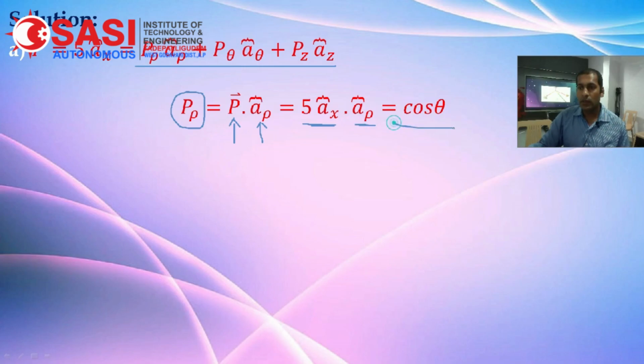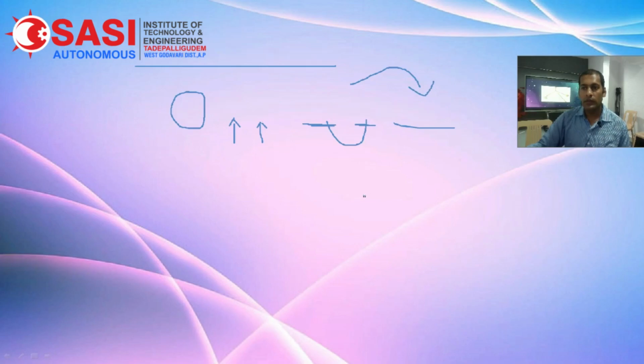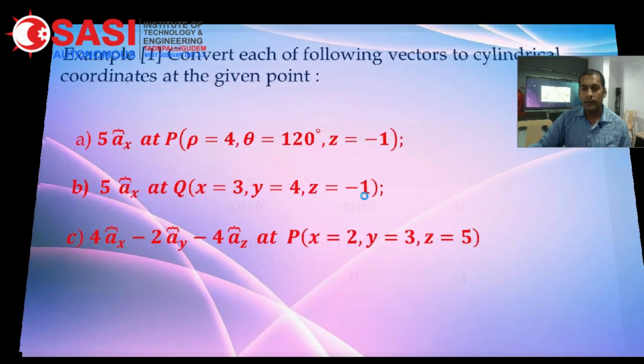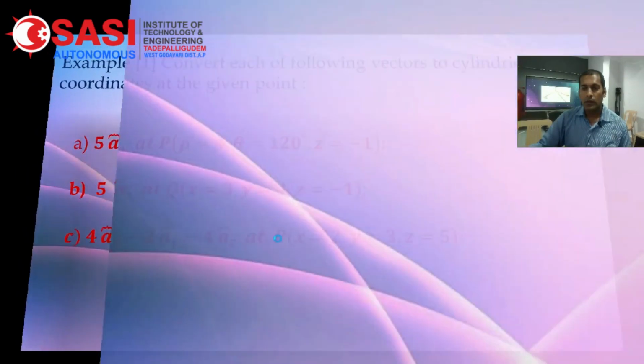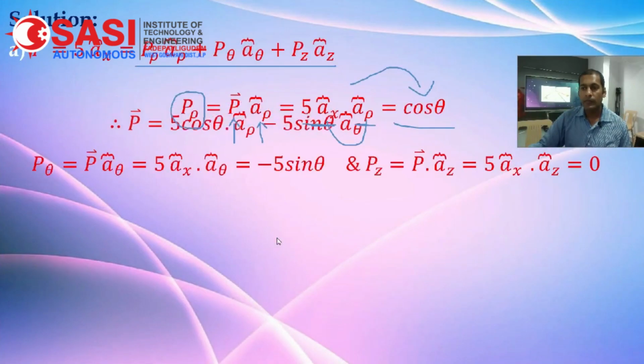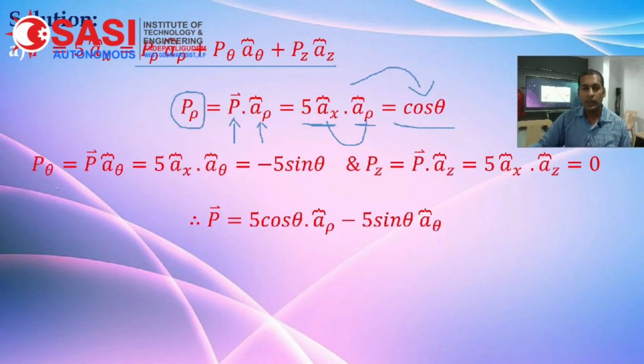So this is equal to cos θ as per our table of dot product. Just now we have seen in the table, so from the table we get cos θ.